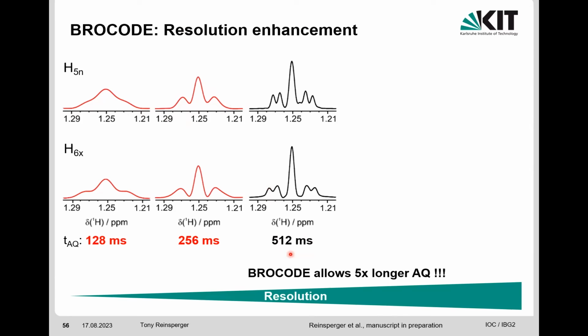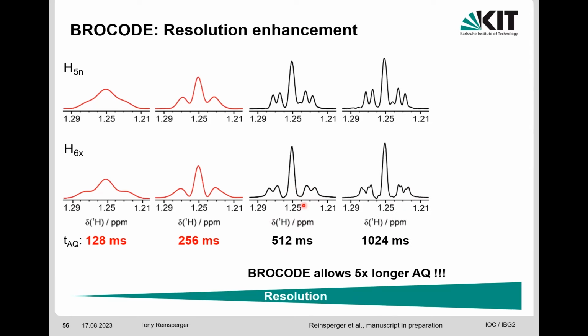I told you we have a factor of 5 less energy. So when you say 200 milliseconds is the limit with high power pulse decoupling, then it means we can do it a factor of 5 longer. We can now acquire over a second. Here we have 512 milliseconds, then the spectrum looks like this.